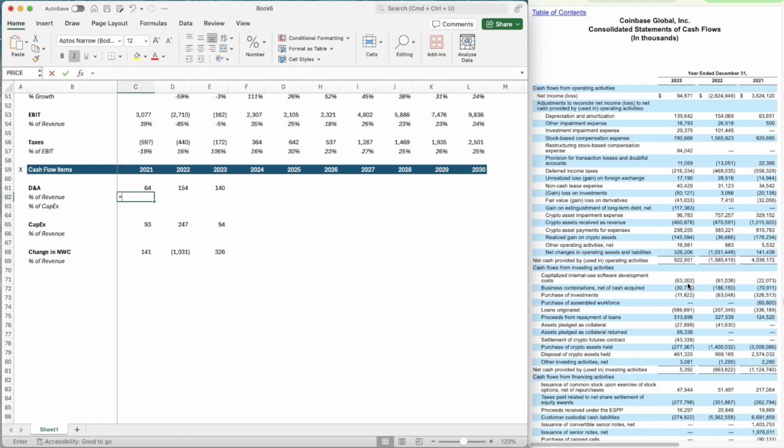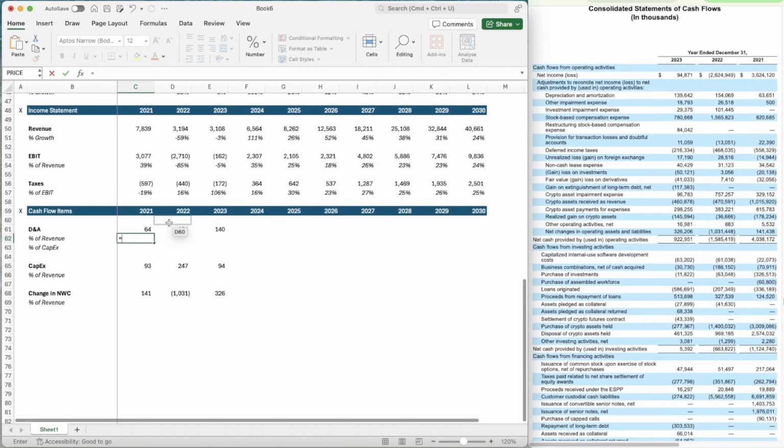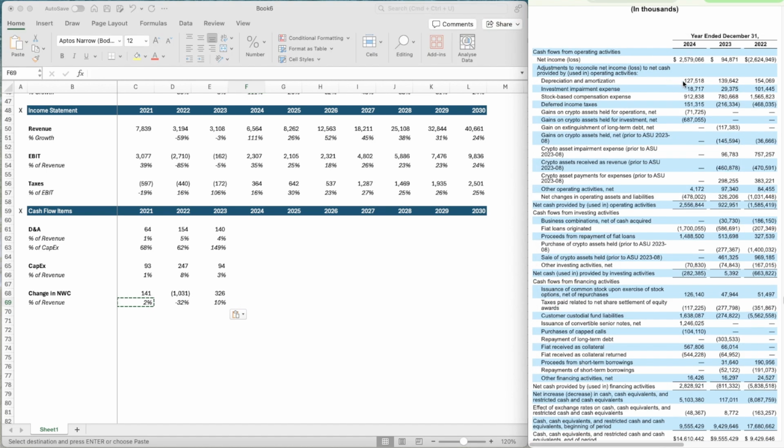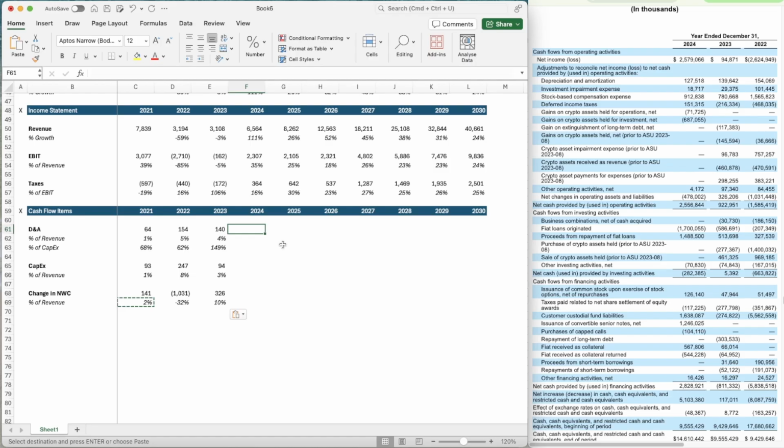Let's work out what these are as a percentage of revenue. Very small amount. 2024, 127, 518.